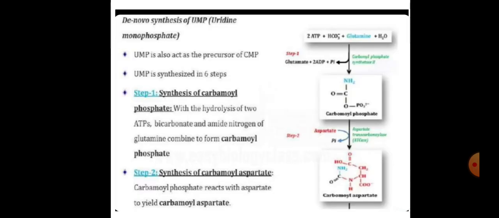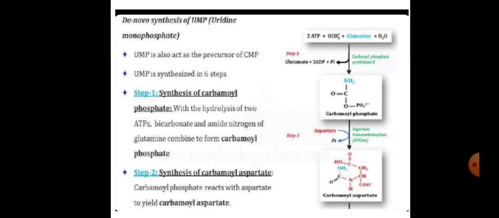Let us discuss the steps involved in the formation of uridine monophosphate. Just as IMP is important in the synthesis of purine, in pyrimidine synthesis the formation of UMP, uridine monophosphate, is important. Uridine monophosphate also acts as the precursor of the CMP, cytosine monophosphate.